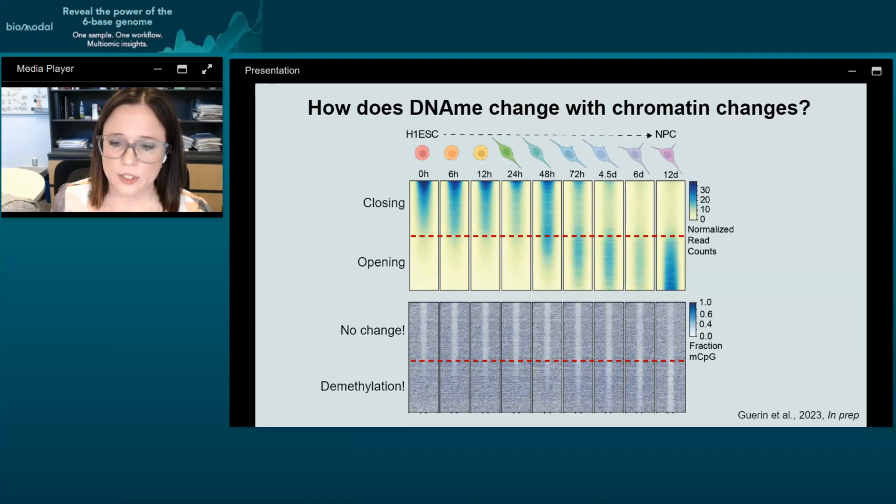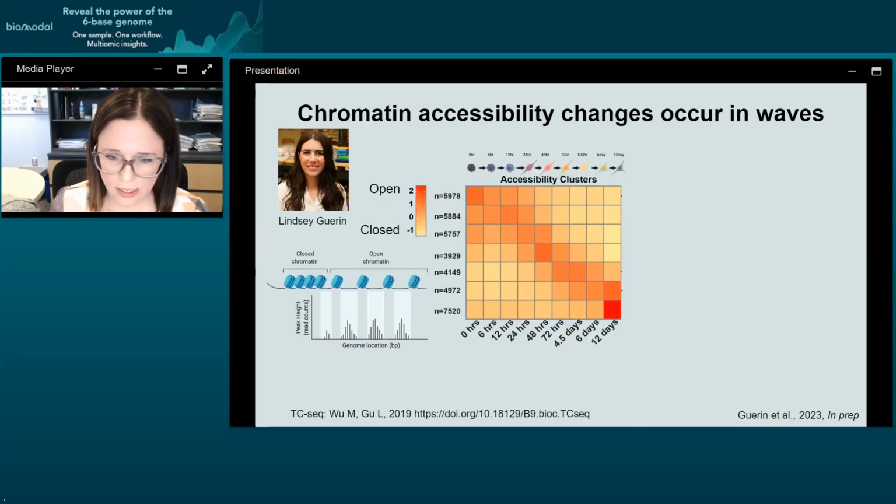But most of those regions remain hypomethylated long after those regions close. On the other hand, there are a subset of regions that are opening during the time course. Many of them do get demethylated. But the actual dynamic behavior that we're observing is a little bit more complicated than just the opening and closing dynamics that I mentioned.